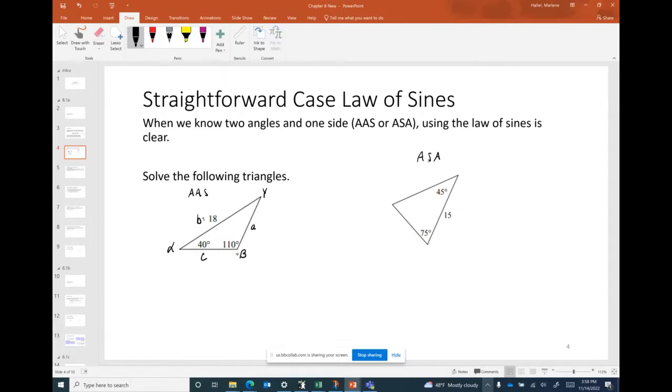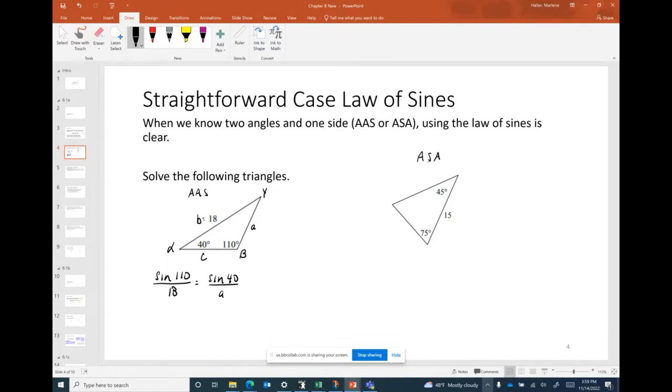So we start with that, and in this triangle it's beta and B. So we'll say the sine of beta, 110, over 18 is going to be equal to, and what else do we know? Just one other angle measure, so we've got to do alpha and A next. So that'd be equal to the sine of alpha, which is 40 degrees, over A.